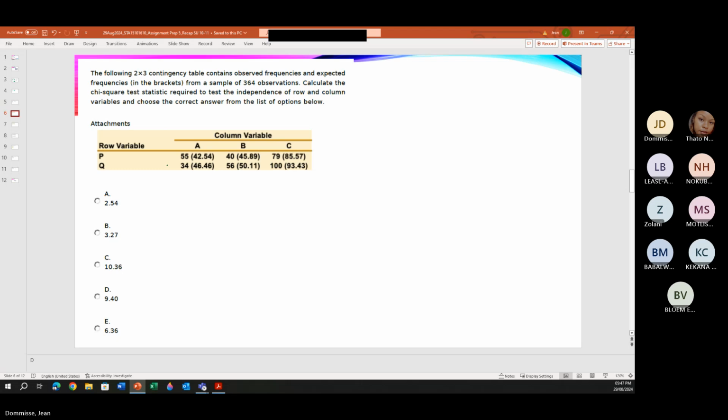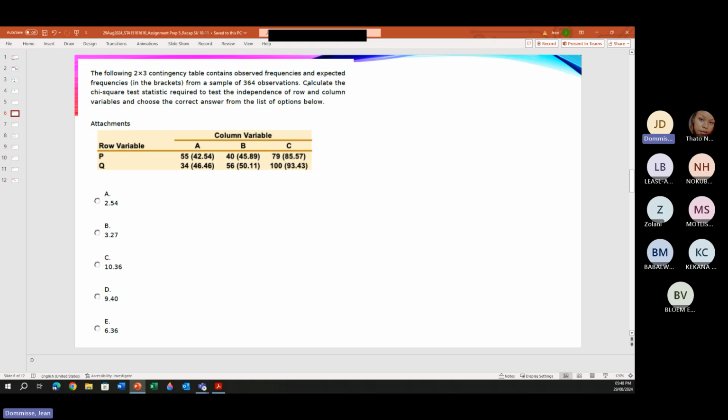Okay, so here we get a bit more work that we need to do. The following 2x3 contingency table contains observed frequencies and expected frequencies for a sample of 364 observations.